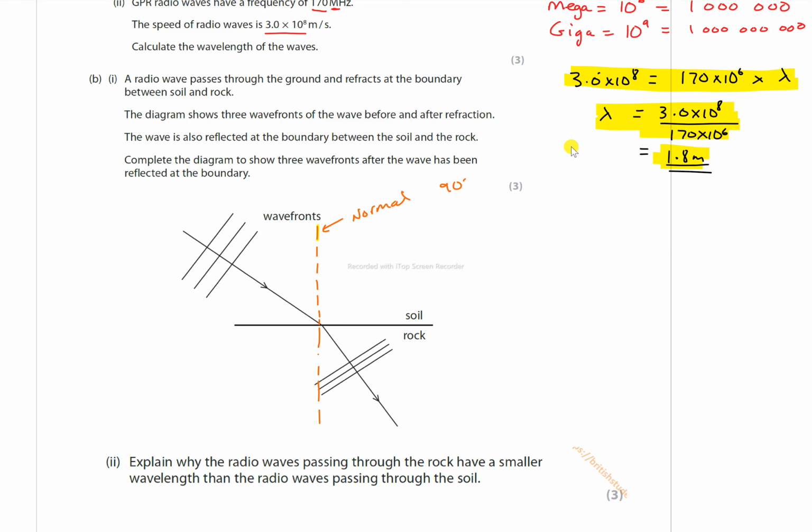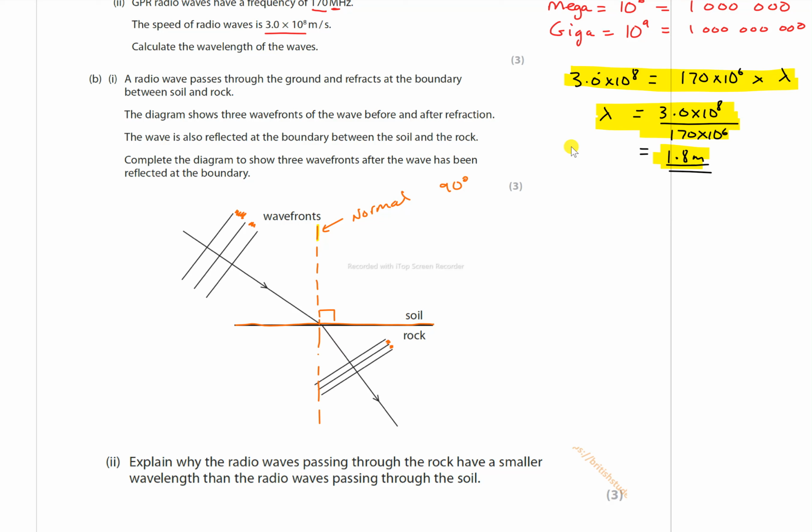It is 90 degrees to the boundary, perpendicular. The frequency changes here. If you can see, these are closer together, higher frequency than these. It's a denser medium.